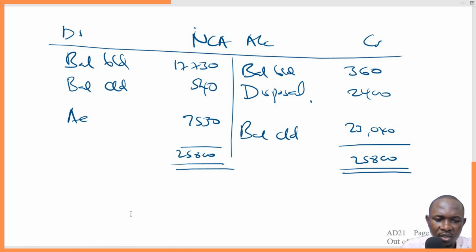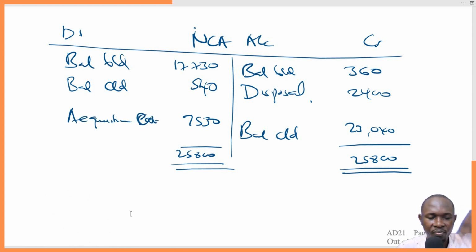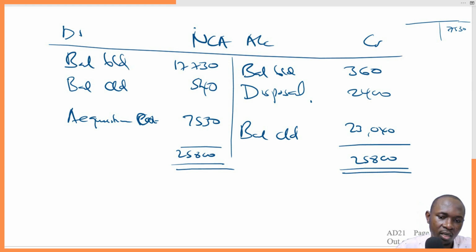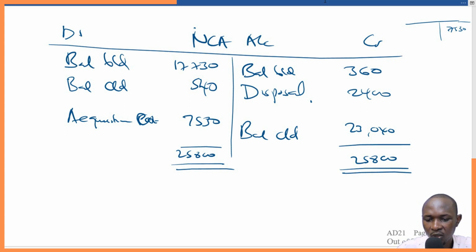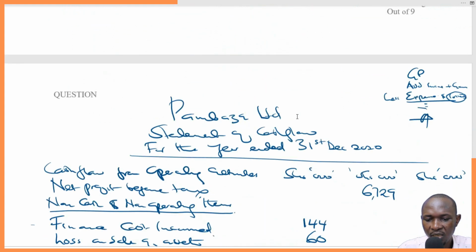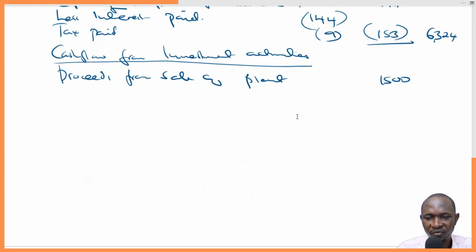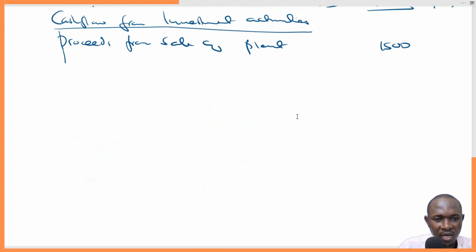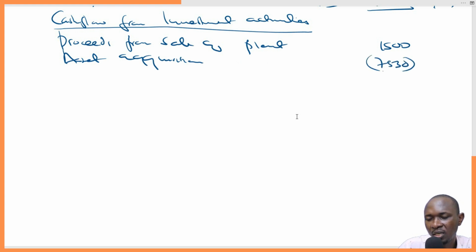So we'll say this is the acquisition cost, or what the bank will have paid. Because it's an asset, you can see it's on the debit side. So if we were to have a bank account, it will be on the credit side, to show that money has left the bank. So that's how it is. So we'll simply come here and say asset acquisition 7,530, and that's a negative.